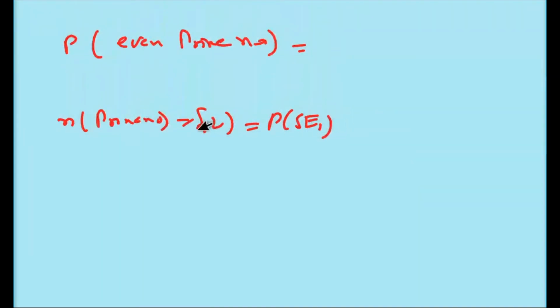So we can say this is the required event, and the first event is the even number 2, 4, 6.